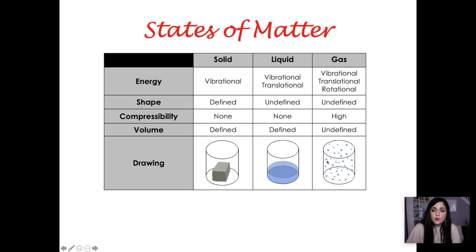So just look, you can literally see space in between these particles. As a result, you can force those gas particles to get closer to one another. And that, of course, when we do that, we're increasing pressure, which is something we talk about in one of our first units, the second unit, actually. It's all about gas laws, and we talk about pressure there. So that's the major difference between those three states of matter.